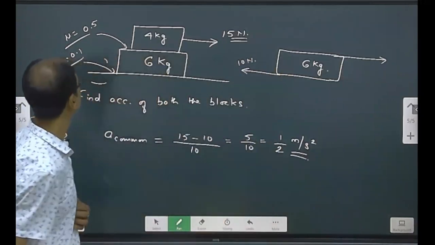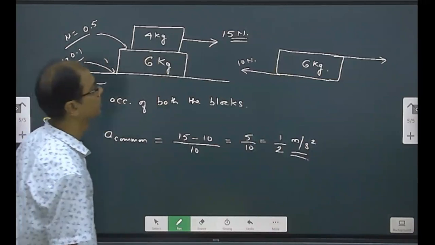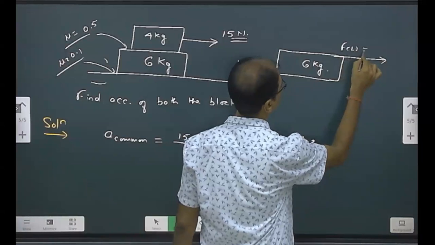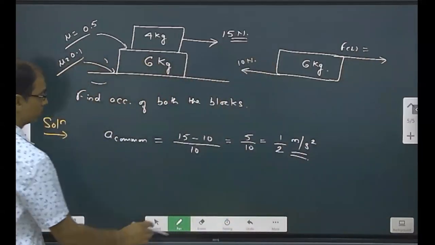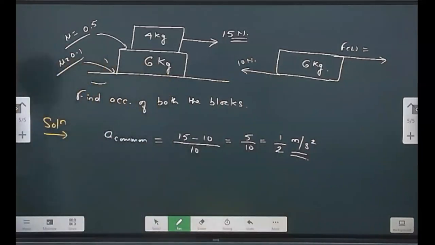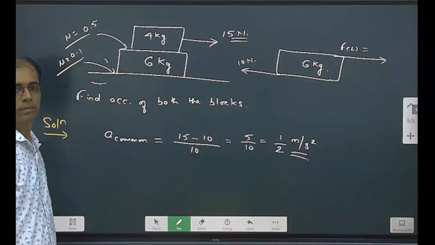What is limiting friction between 4 and 6? Limiting friction between 4 and 6 kg. How much is it?